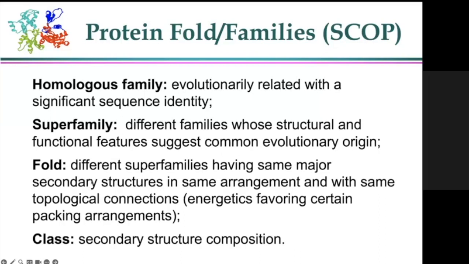Then going to an upper level, multiple superfamilies can form a fold. That is the structure shape we talked about. And they may not be related in evolution. So sometimes two proteins happen to share the same structure fold, but not because of evolution.